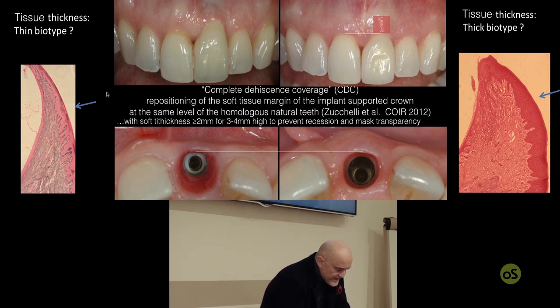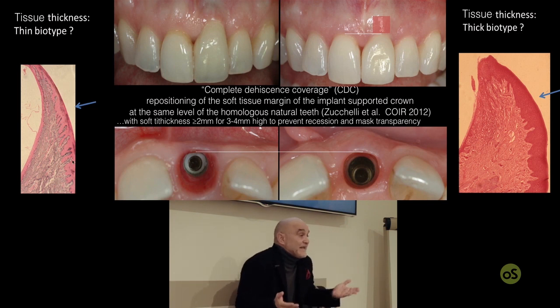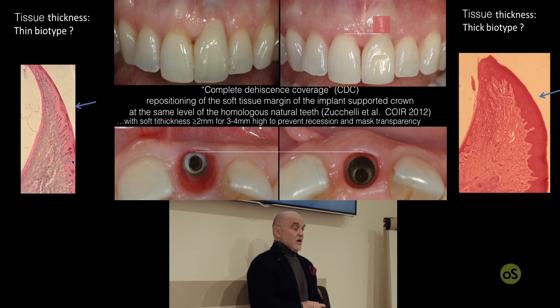The keratinization of the epithelium is a characteristic of the epithelium that can be more or less keratinized. But this is not enough.